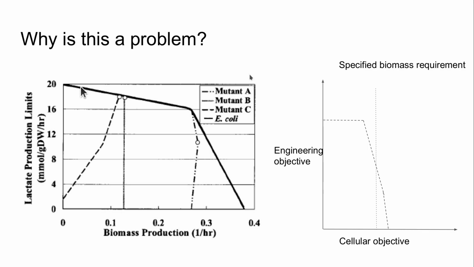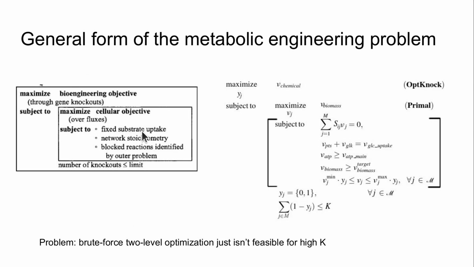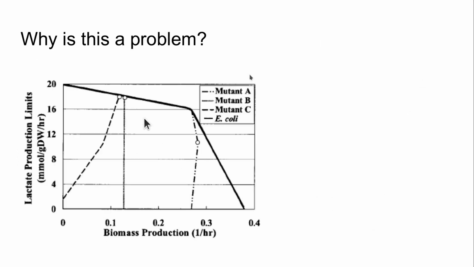And in order to satisfy that, in our optimization problem we have this following constraint here, that V biomass has to be higher than a certain target biomass. If you didn't have this constraint, then you could identify mutants that produce a great amount of our metabolic objective, but don't grow at a rate that means they will actually effectively produce anything. So therefore we need to have a cutoff.